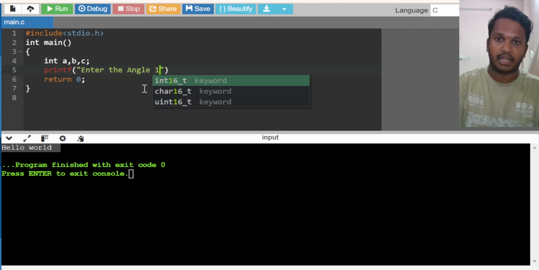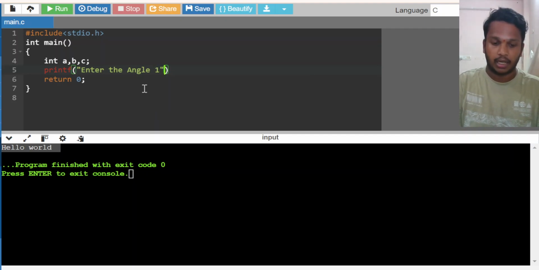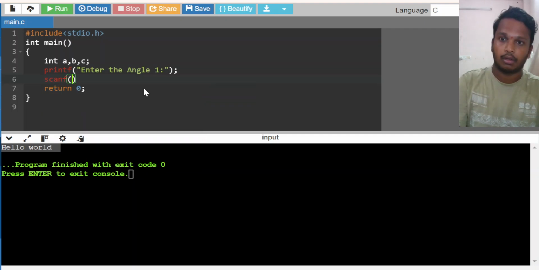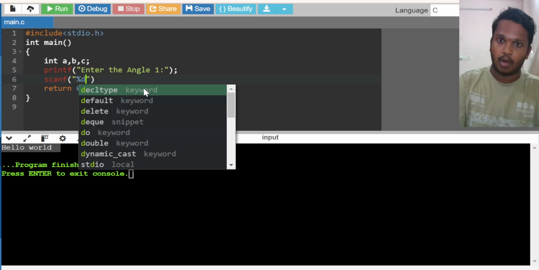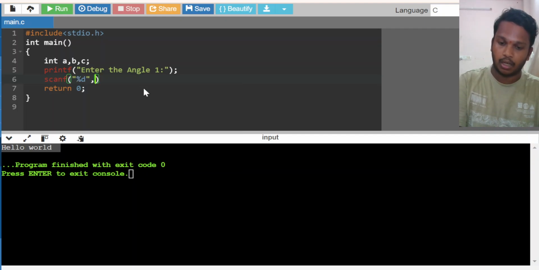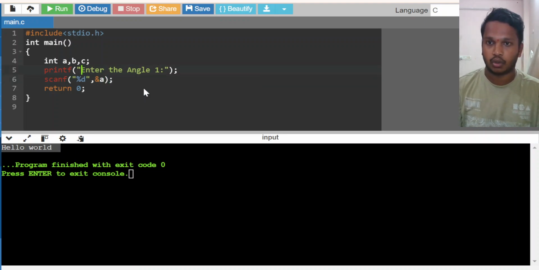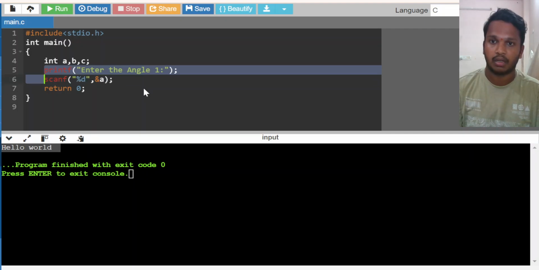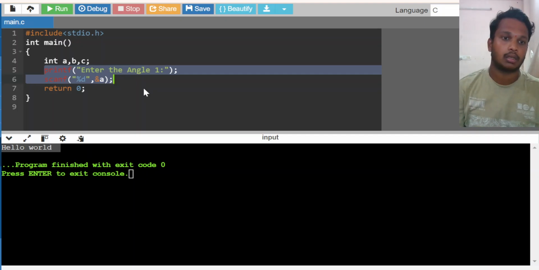I am just asking the first angle, angle 1, and I need to store it here, right? So I am using scanf to read that value and store it in A. Similarly, I need to write for B and C also. Instead of writing again, I am just copying for simplicity.